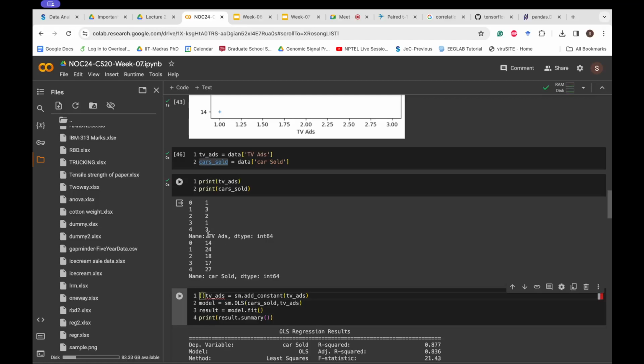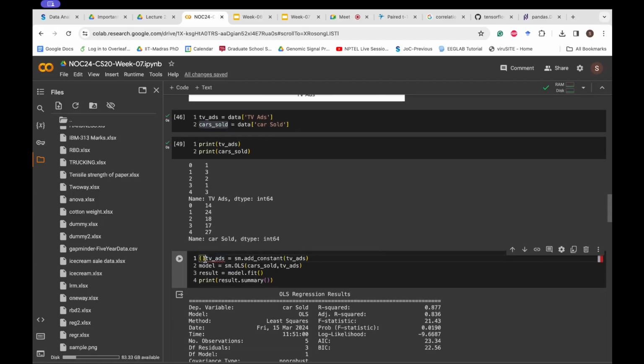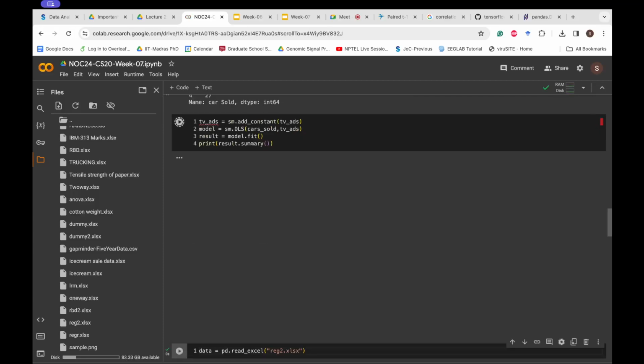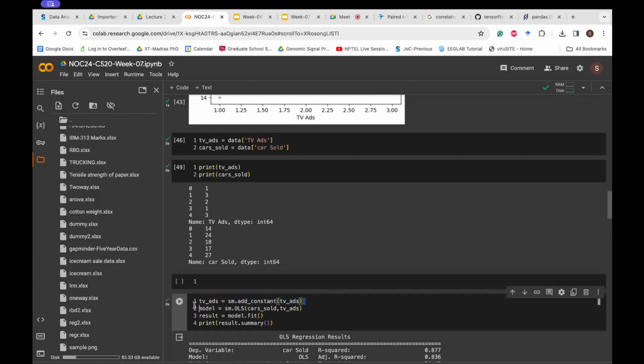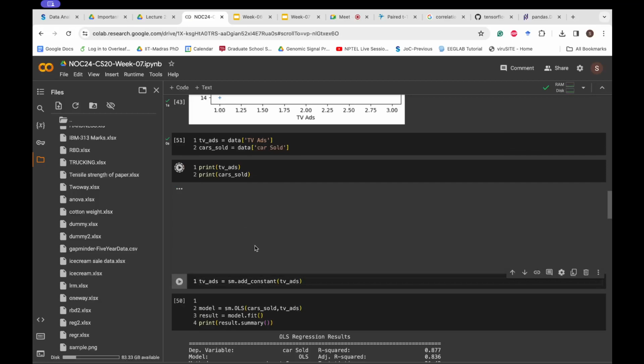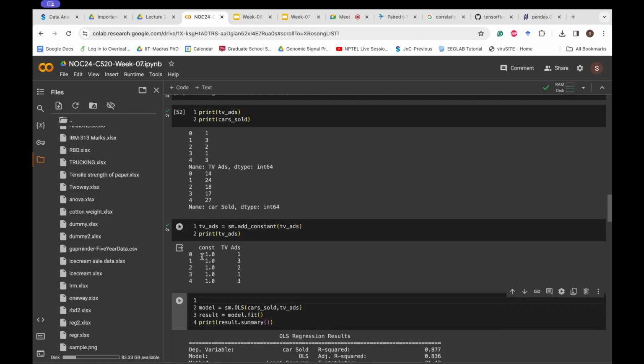So you have your TV ads, you have the corresponding car sold value, the number of sales of cars, and let me run this once and print this TV ads here. First TV ads are having only 1, 3, 2 these values, and let me print TV ads now. Okay, so you can see one constant is getting added over here.